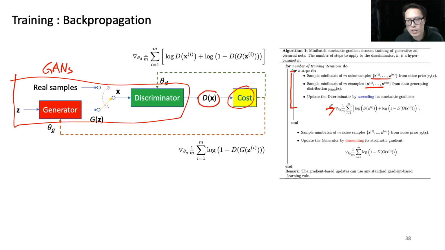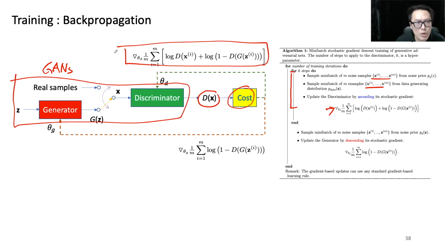Once we find the gradient right here, we compute this value. This is alpha. We are going to update theta d using the current value of theta d plus the learning rate times alpha. This is what we do in this block.